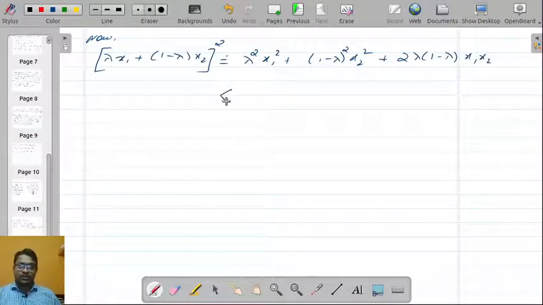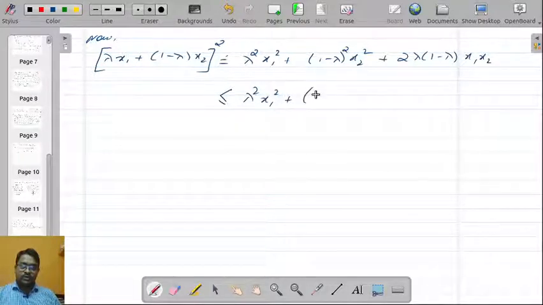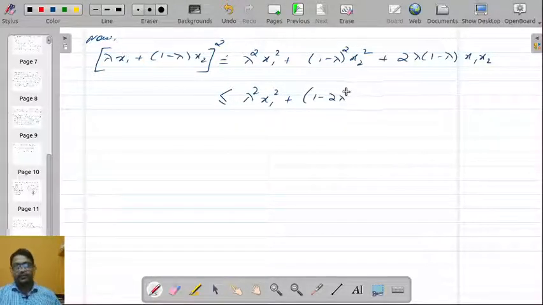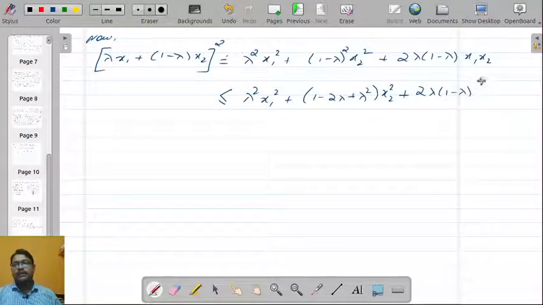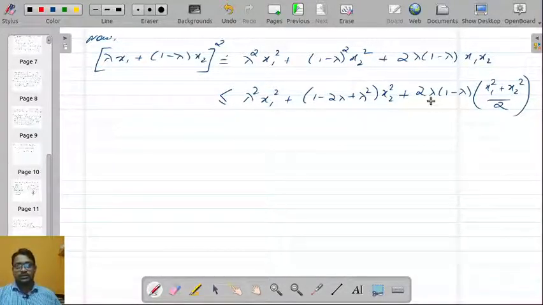Again I can use that result: λ² x1² plus (1 − 2λ + λ²) x2² plus 2λ(1 − λ), and then I can write x1x2 as (x1² + x2²)/2. This quantity x1x2 is always less than or equal to this.